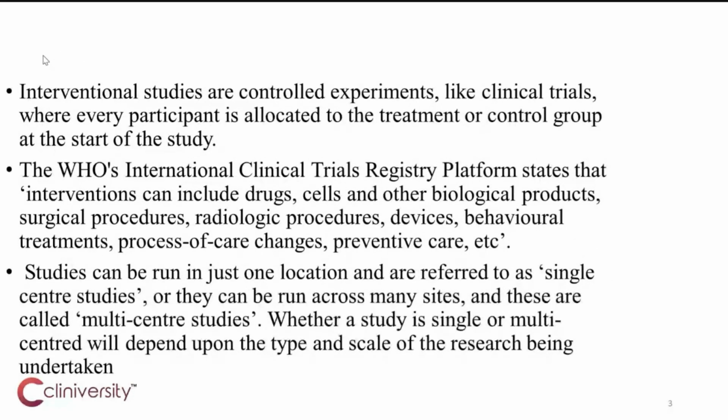Whereas coming to the interventional study, they are always controllable experiments. Okay, so you can control. You can take a group of people, and that group of people will be in your hand. How much population? For example, if we are going for a phase 1 clinical trial, you can take less than 100 healthy individuals. If you're taking 100, or 20, or 50 participants, it's your wish. So always we can control an interventional study.